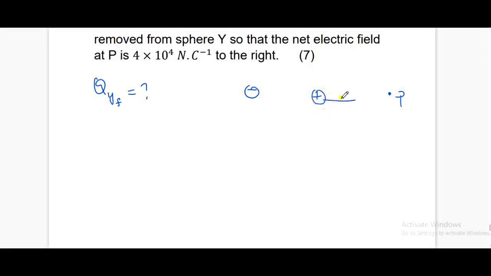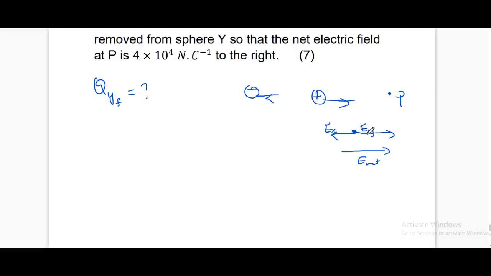Now this one is going to be to the right, this one we know is to the left. But the electric field must be towards the right, so the electric field diagram will be something like this. This one will be longer and this one will be shorter, so the net electric field will go to the right. This will be EX, this will be EY, the new EY.